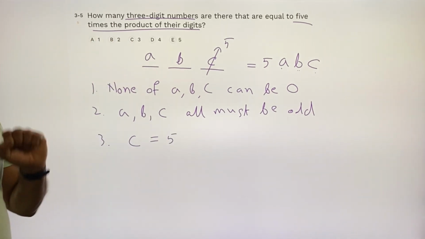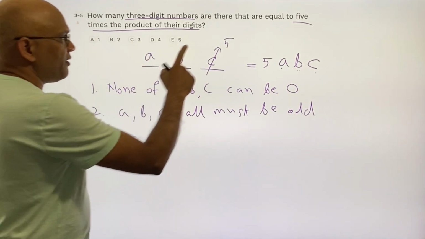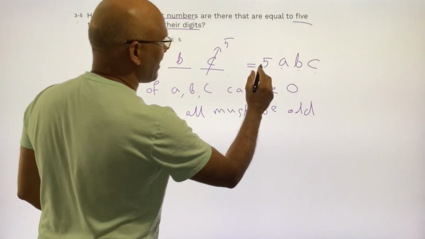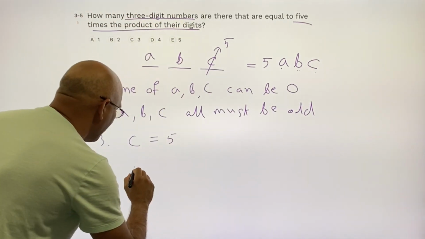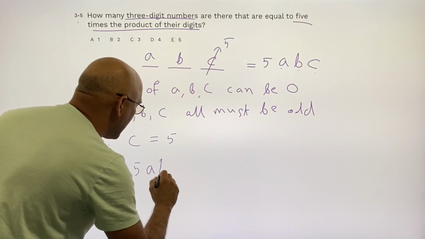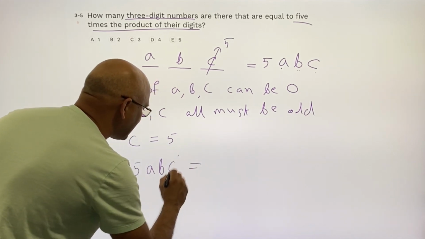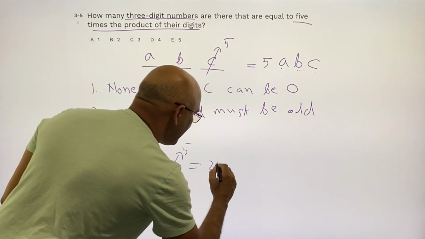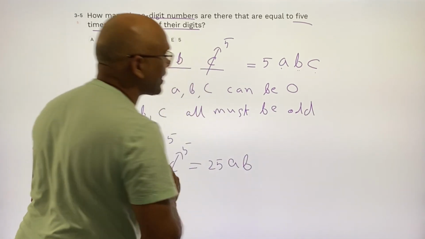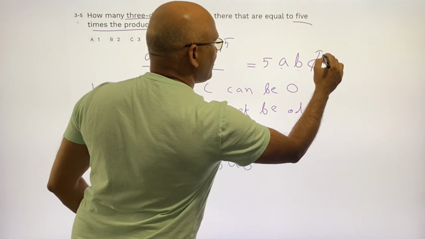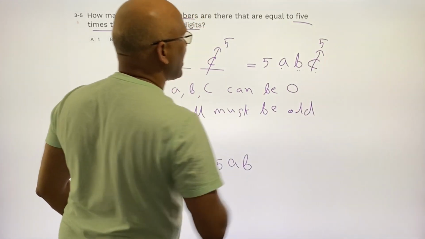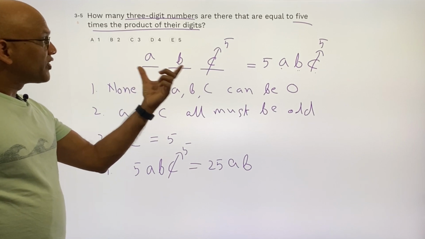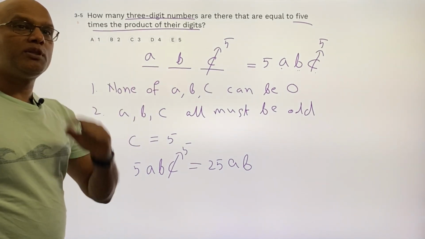Now, if C is 5, then 5 times ABC is 5 times 5 times AB, and 5 times 5 is 25. That means the 3-digit number must be divisible by 25.